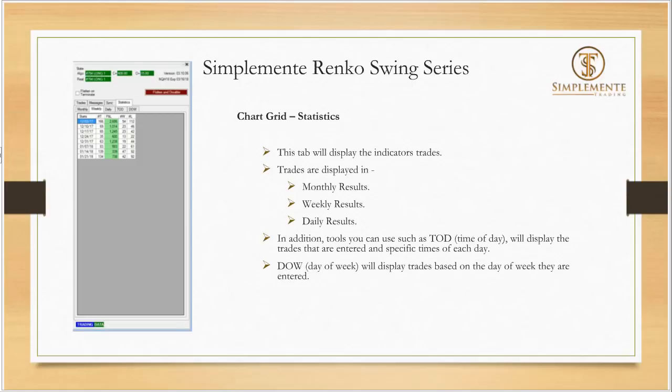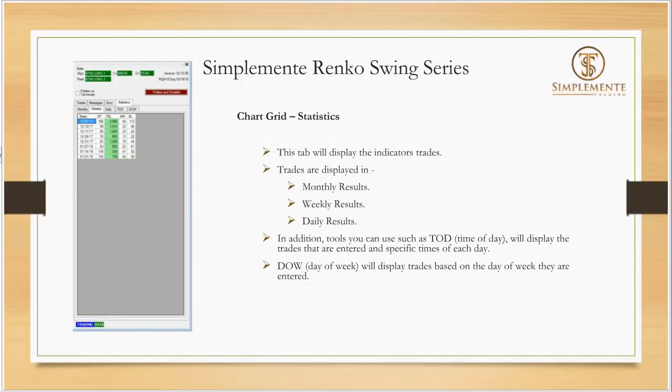And we even built into it the TOD, which would be for the time of day, and then the DOW is actually day of the week. And so many traders prefer to trade only certain days. Maybe you might prefer to trade only certain hours. And this gives you the ability to look at the backtesting results and make that determination for yourself if you want to make some of those stipulations.